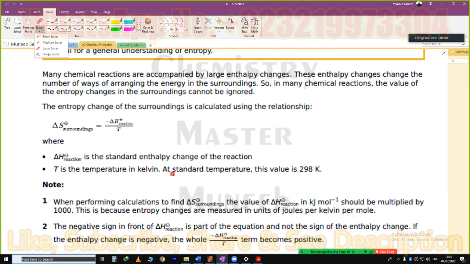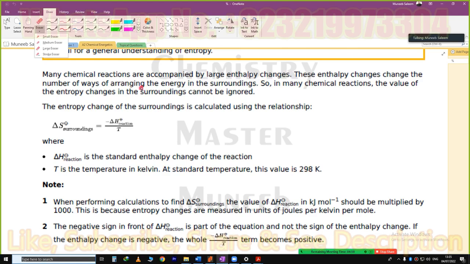T is the temperature in Kelvin. At standard temperature, this value is 298 Kelvin. We are studying this topic in the standard condition, and according to standard condition, the temperature is 298 Kelvin.